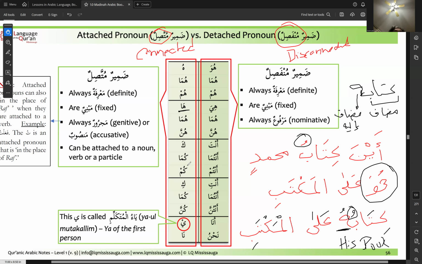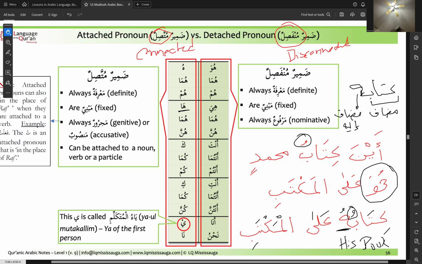Antuma turns into kuma when it's attached to the end. Antum turns into kum.